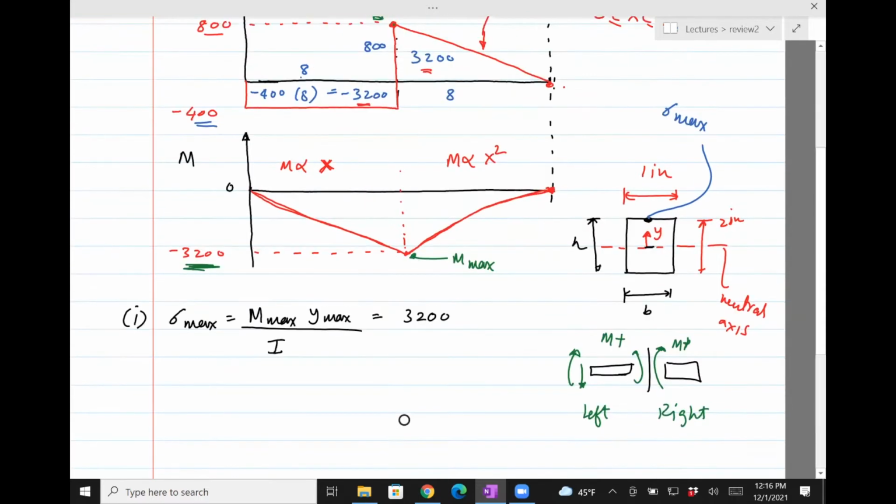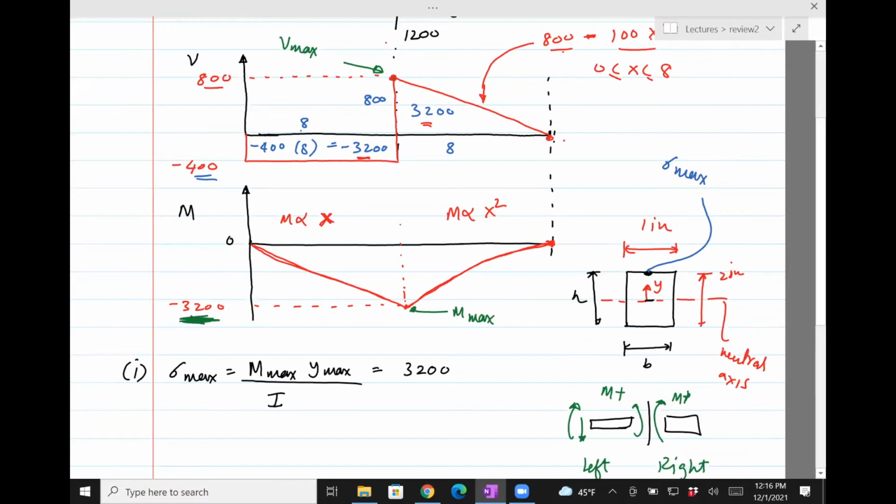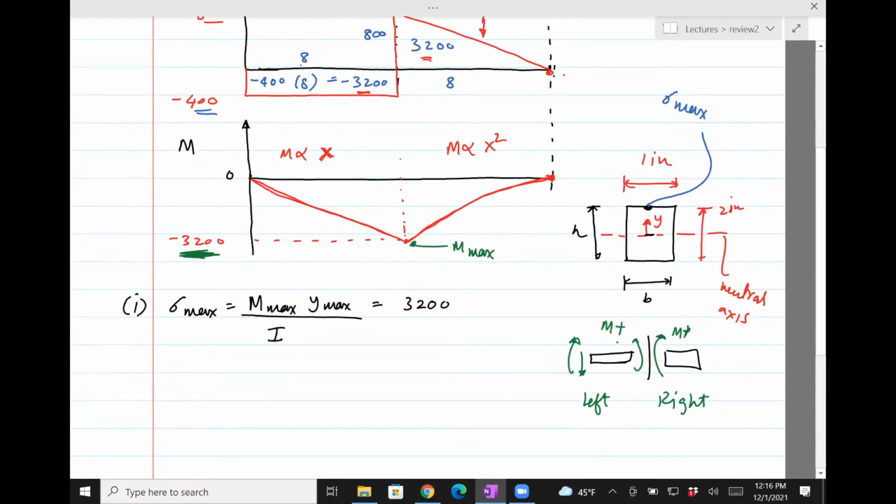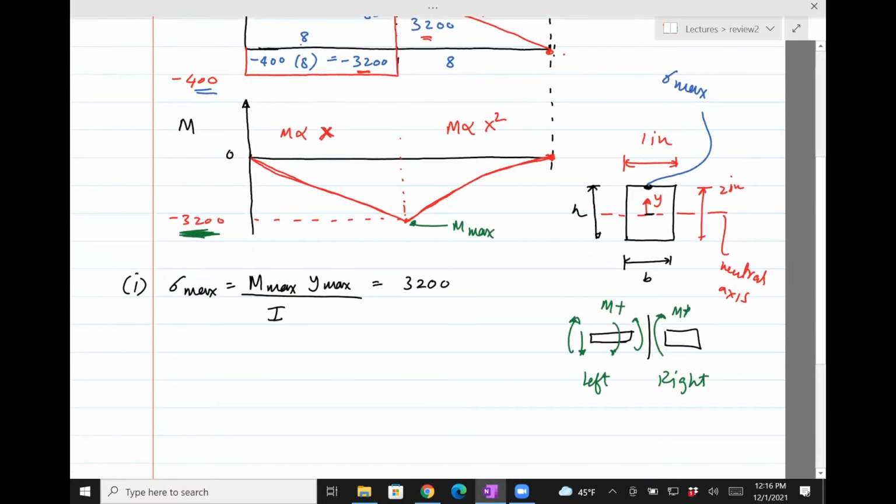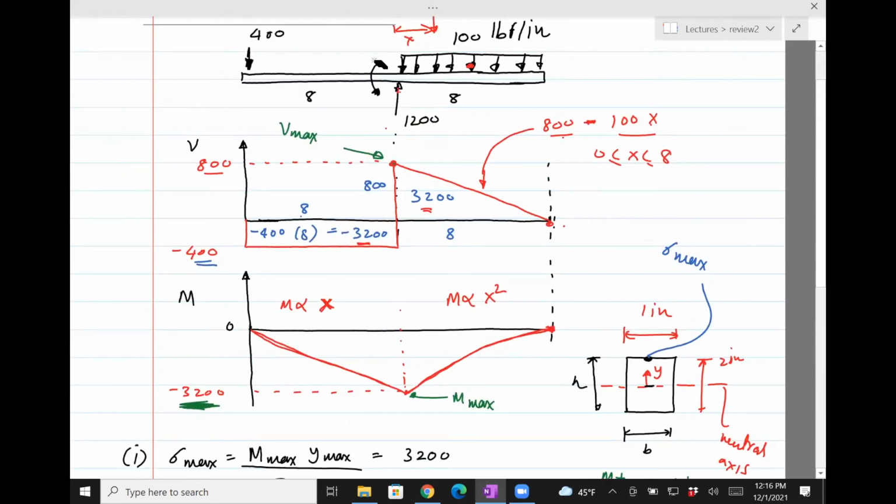So if I have a negative sign here, it implies that this is this way. So yeah, I guess this is correct. It should be this way.